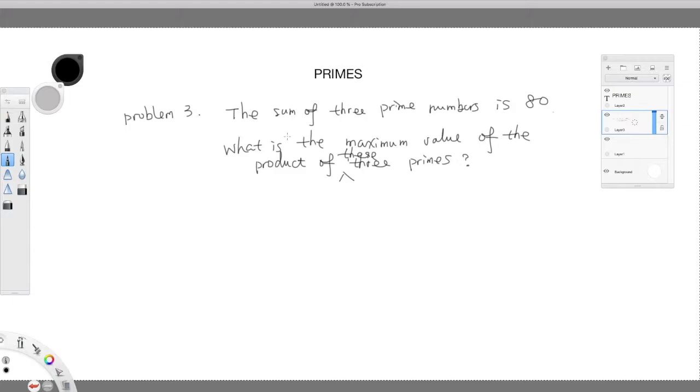So if all three prime numbers are odd, then odd plus odd plus odd is an odd number, which cannot be 80, right? So all three prime numbers cannot be odd, which means one prime number has to be 2.